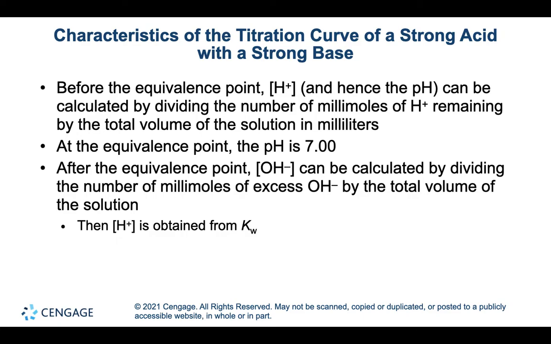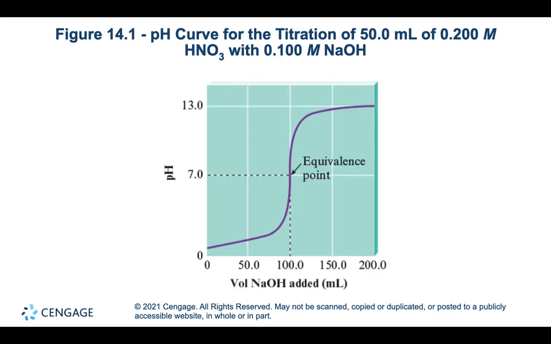So before the equivalence point, H plus and pH can be calculated by dividing how many moles of H plus you have by the liters of the total volume. Now it'll be the total volume because the addition of the base does add volume. So adding the base to the acid changes the milliliters of the acid, and so it increases it.